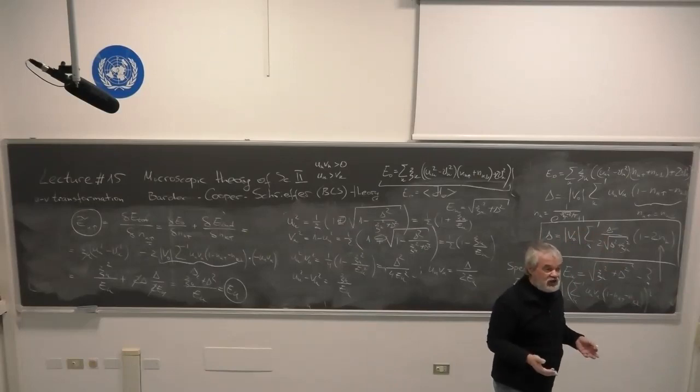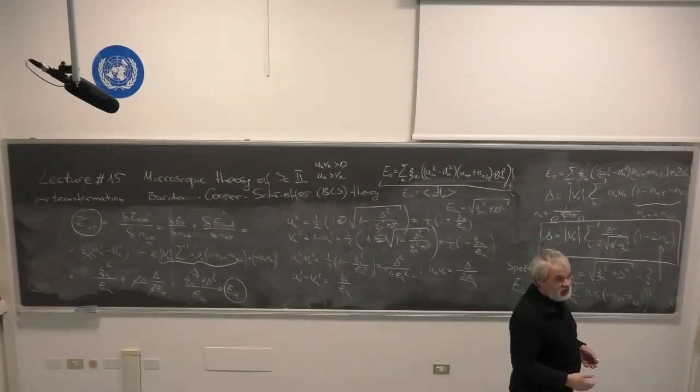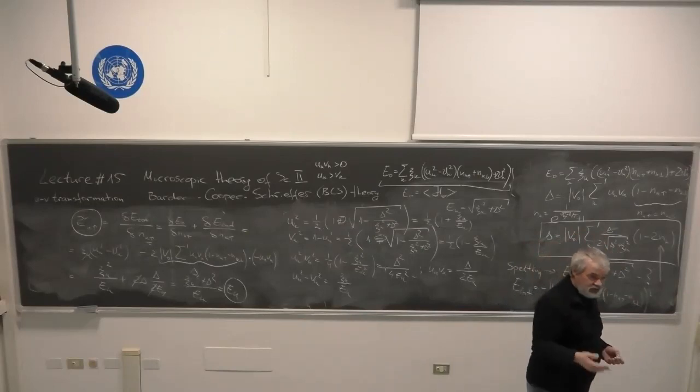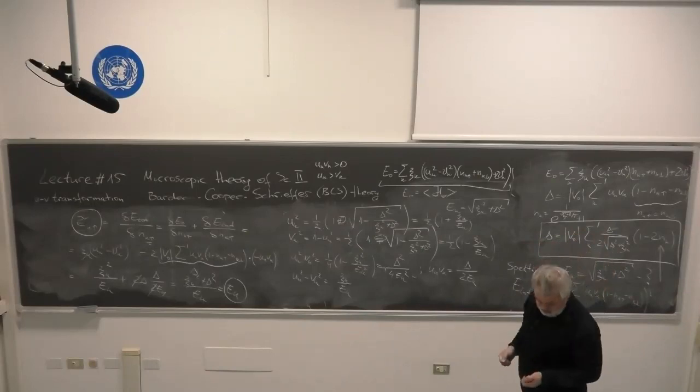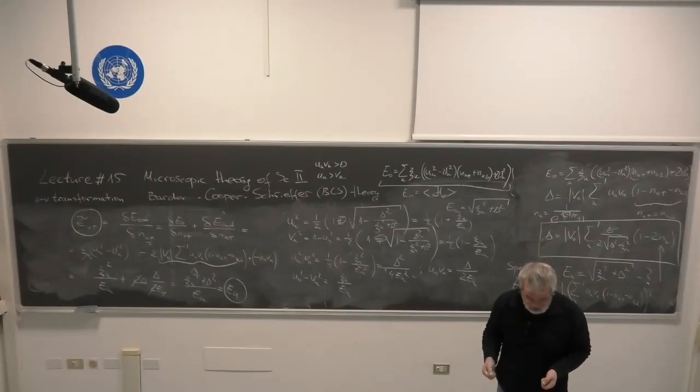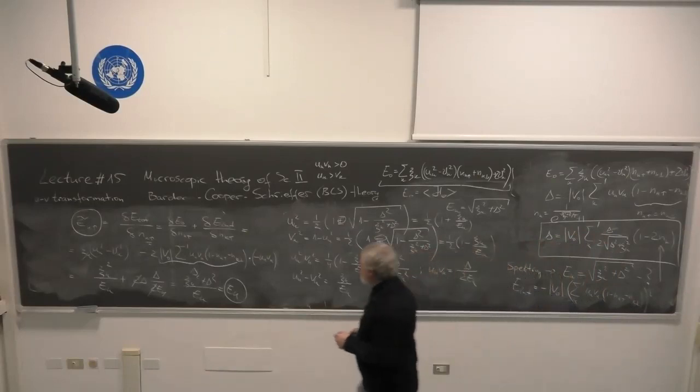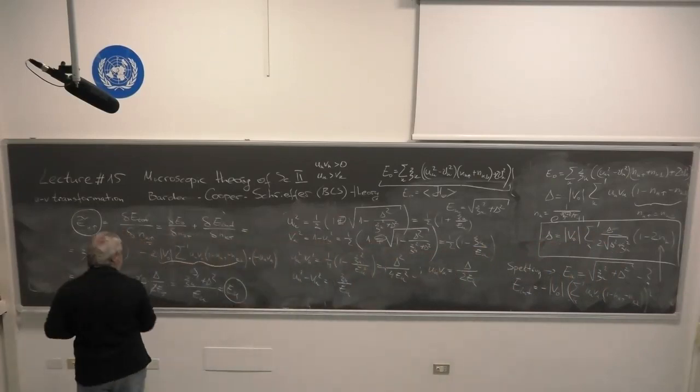And this is precisely what happens with the order parameter. The order parameter is equal to 0 at temperatures greater than the critical temperature and non-zero for temperatures below the critical temperature. So now let me come back to the discussion of the spectrum.